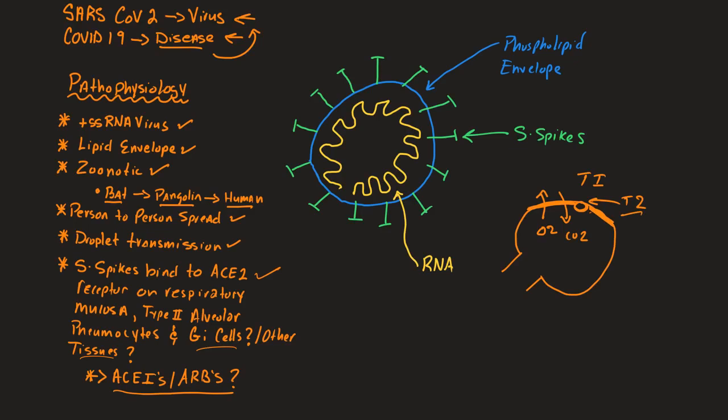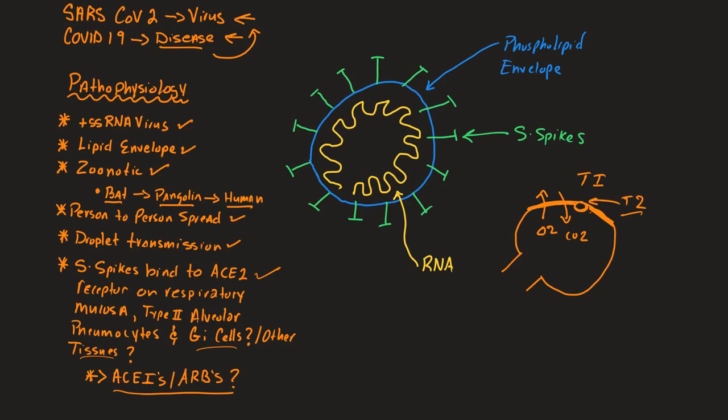They block the enzyme that converts angiotensin into its active form, angiotensin 2. And it does appear that if we put somebody on an ACE inhibitor, that ACE inhibitor may cause their cells to express more ACE receptors, specifically ACE2 receptor.